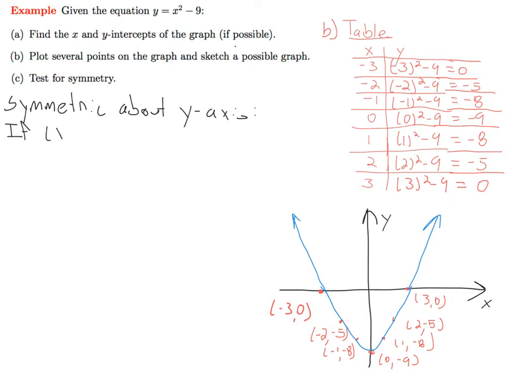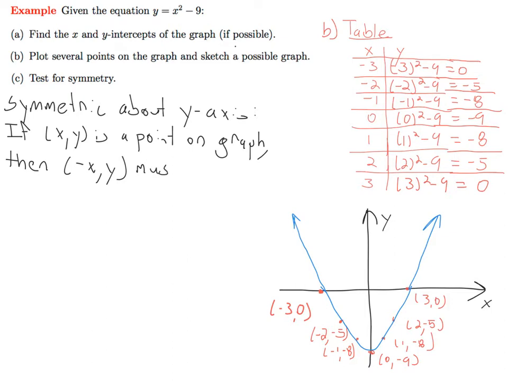So if (x, y) is on the graph, then its reflection, namely the point (-x, y), must also be on the graph. So symmetric about the y-axis means these 2 points must be on the graph. And this must be true for all values of x.